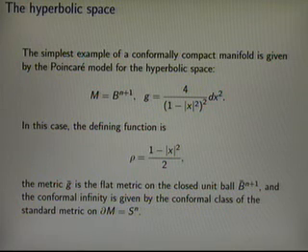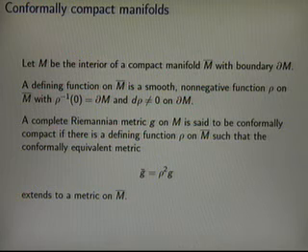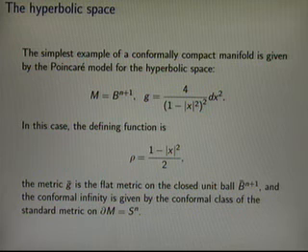And the metric g bar, which is rho squared g, is going to be the flat metric on the closed unit ball. So in this case, what you get for the conformal infinity is the conformal class of the round metric on the sphere.